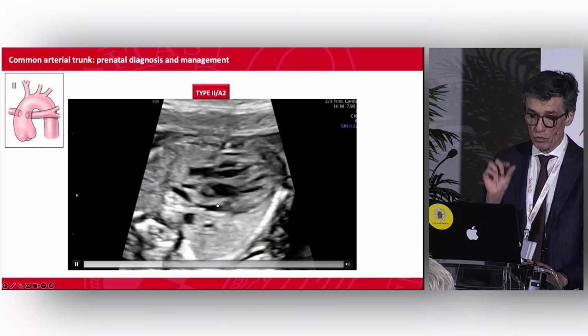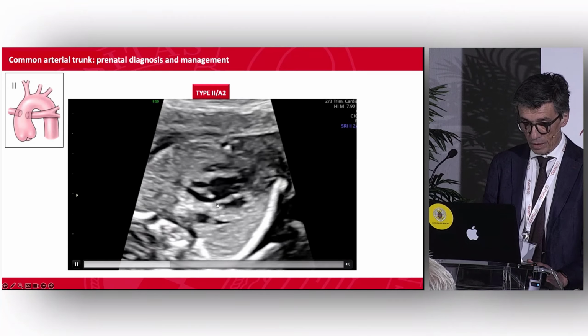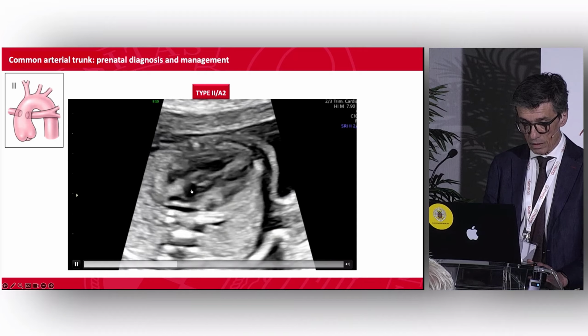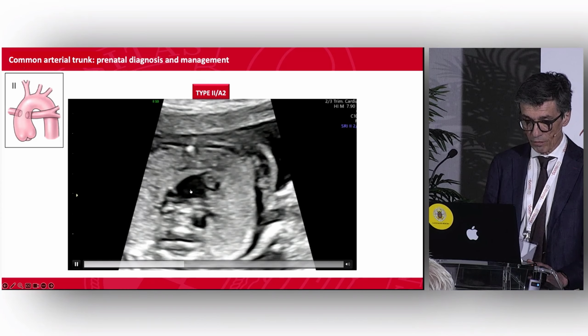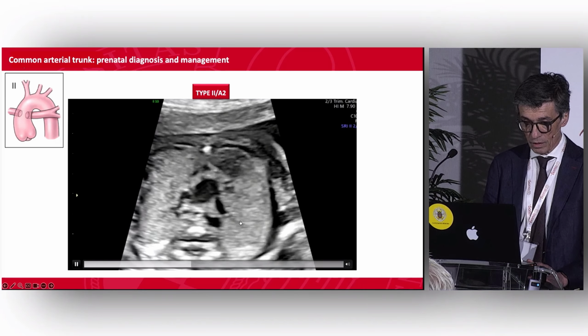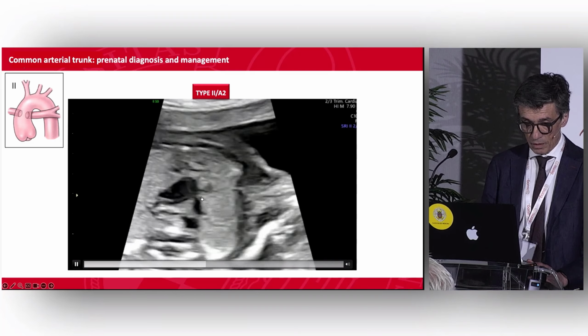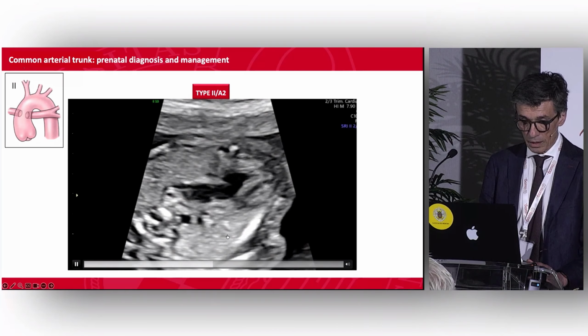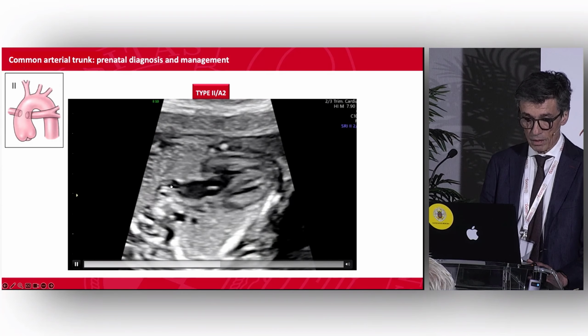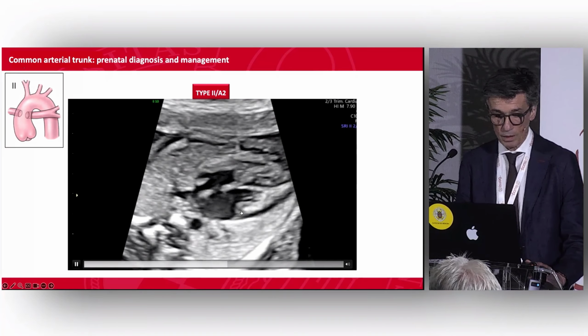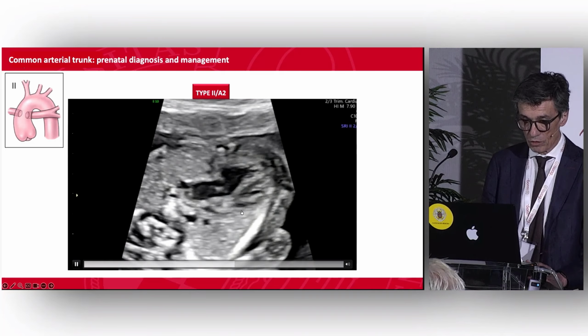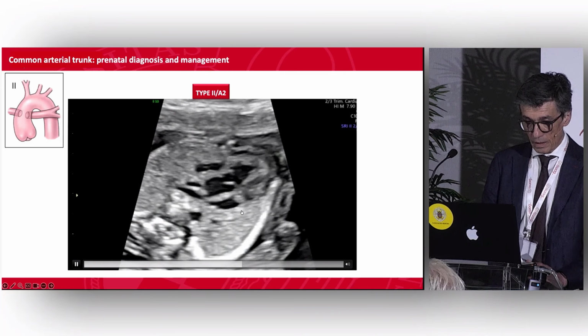Usually they are very close one to the other, and here on the posterior aspect of the common arterial trunk, you see here the left branch, this is the left aortic arch, and here is the right pulmonary artery, but there is no pulmonary trunk in this baby.